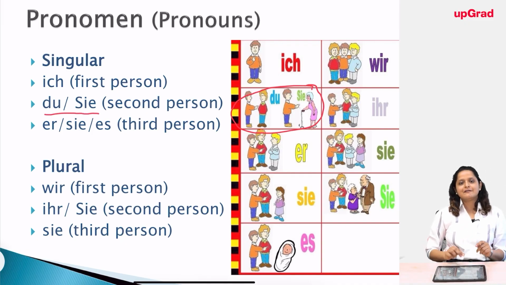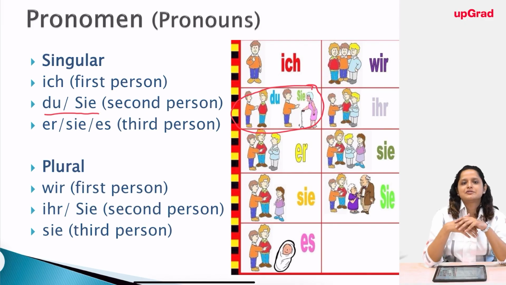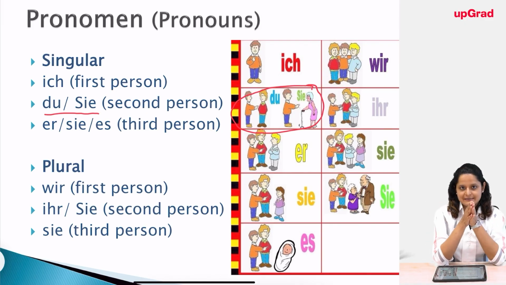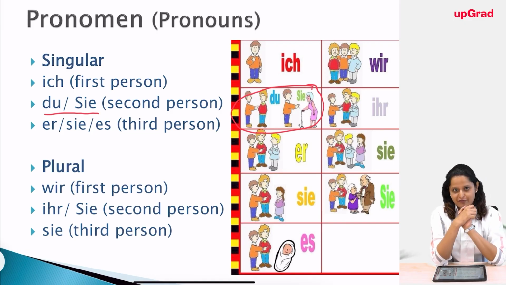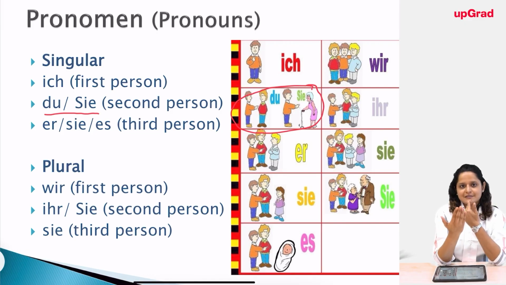Now earlier we have spoken about formal and informal conversations. When I address a second person informally, let's say I am the first person, sitting in a coffee shop talking to a friend of mine, this is a direct conversation. I address myself as the first person and the person in front of me as the second person.